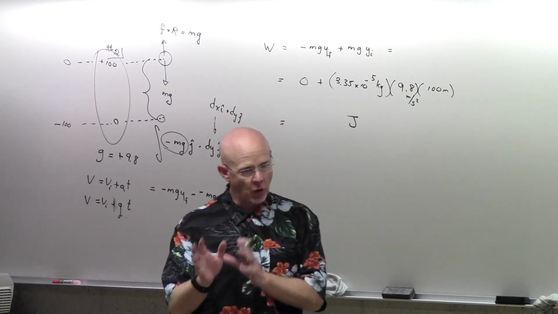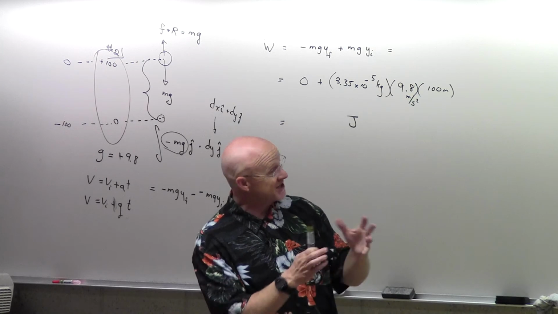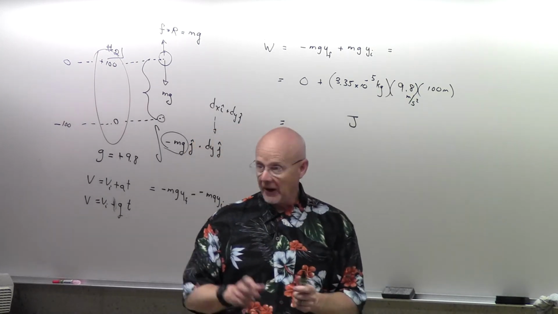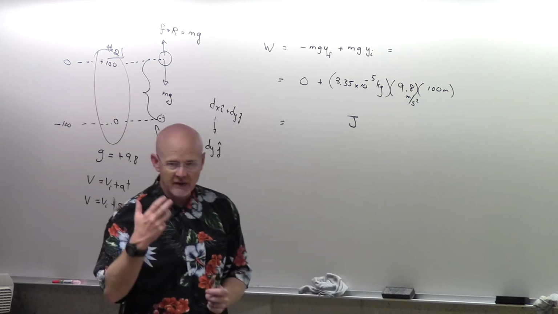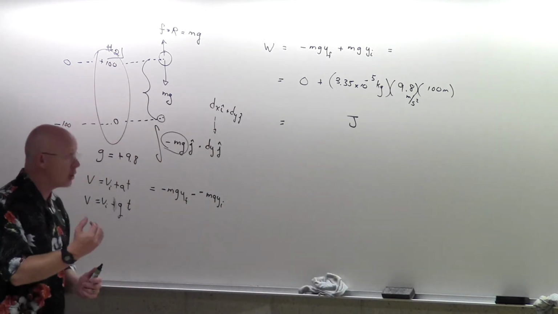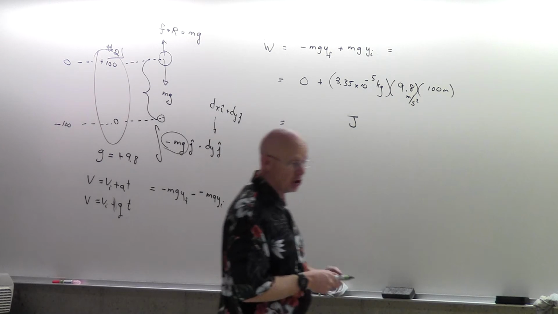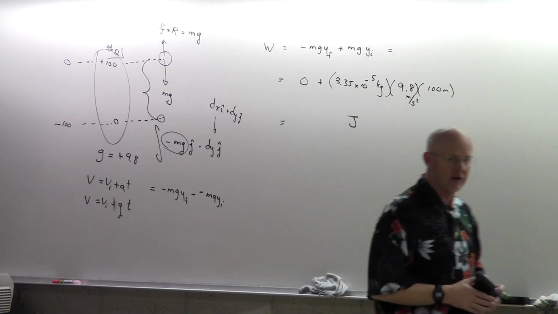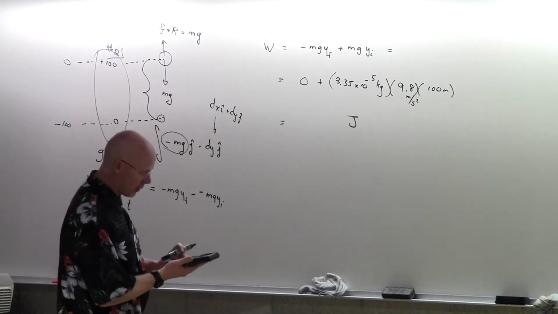Now, we know that there's more than gravity, there's air resistance, and we know it doesn't go faster. For that matter, it doesn't go slower. They say it's at its terminal speed. But I think you get the idea of how the signs go together. And that's a good check. And so I should come out with a positive number, because I know that if there was only this force of gravity, it would make it go faster.